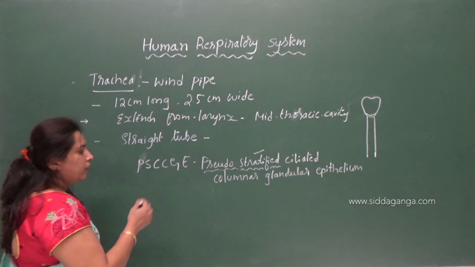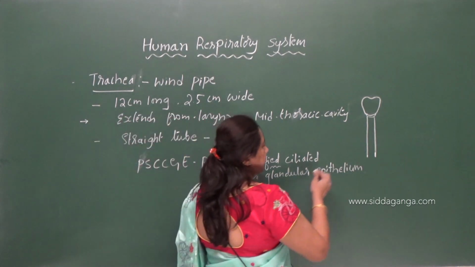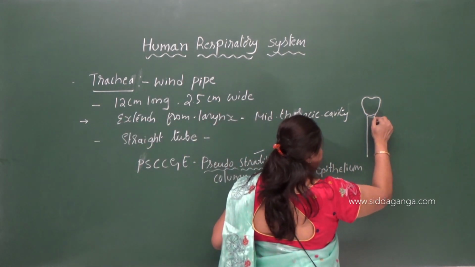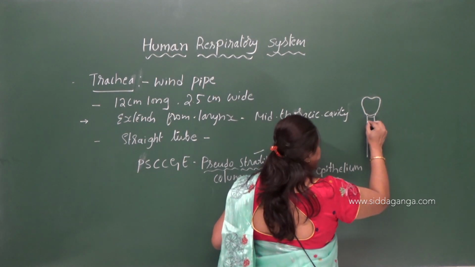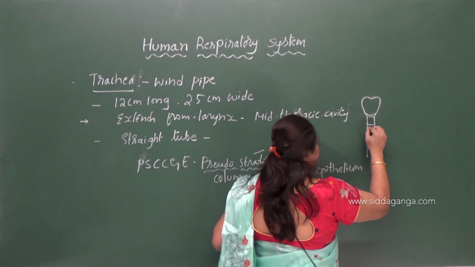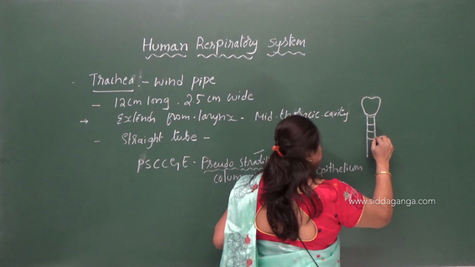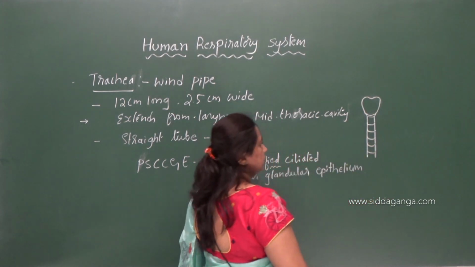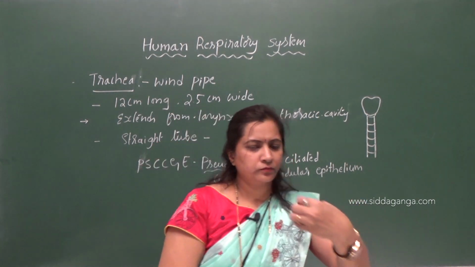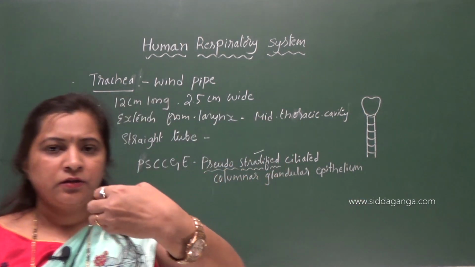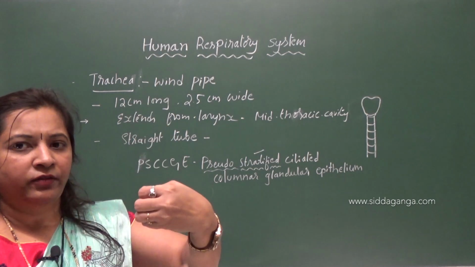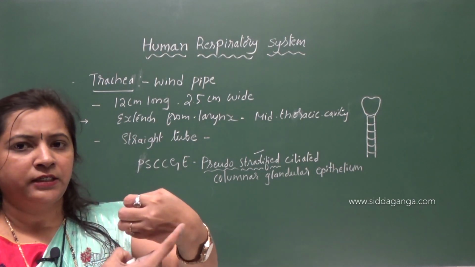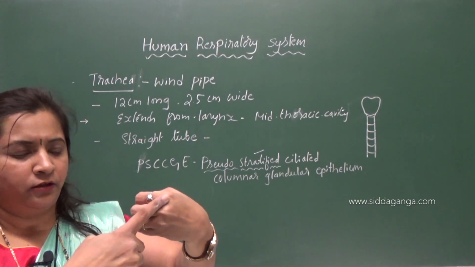Now, as I said, the entire length of the trachea is supported by cartilaginous rings. The entire length of the trachea is supported by cartilaginous rings like this. They are placed one above the other.